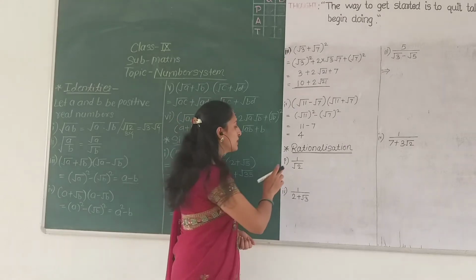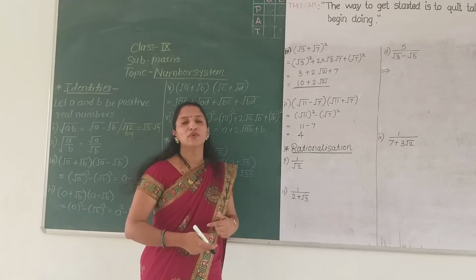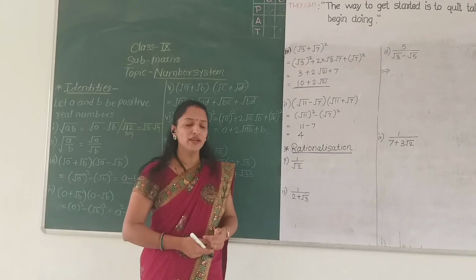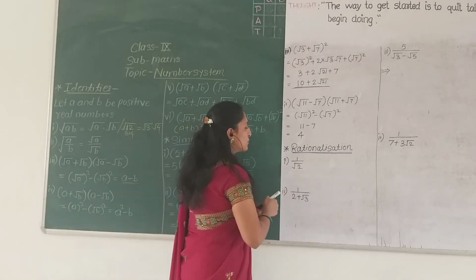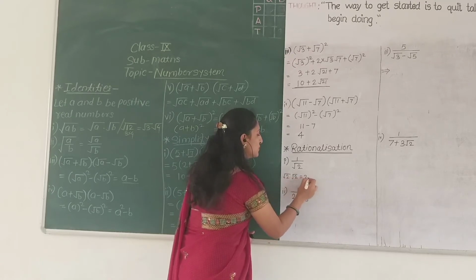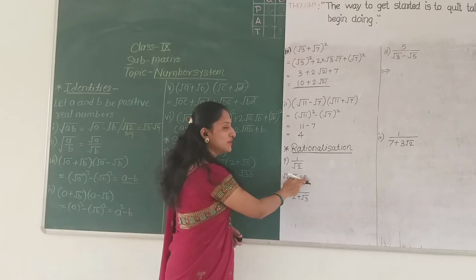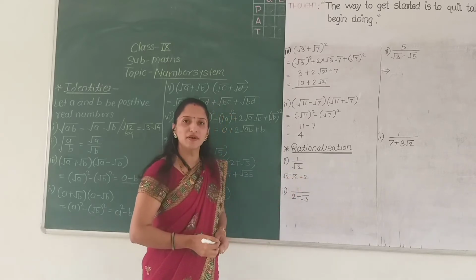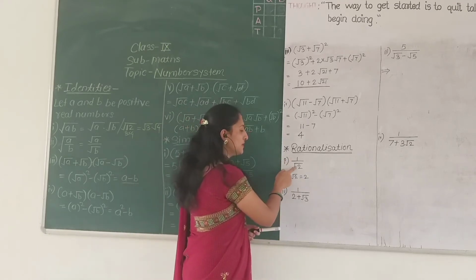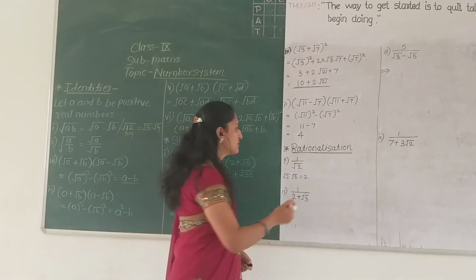That means if the denominator is an irrational number, then we have to convert this denominator into a rational number. All of you know that root 2 into root 2 is equal to 2. Root 2 is an irrational number, but root 2 into root 2 is 2, and 2 is a rational number. So if I multiply numerator and denominator by root 2, then we get 2 in the denominator, which is rational.